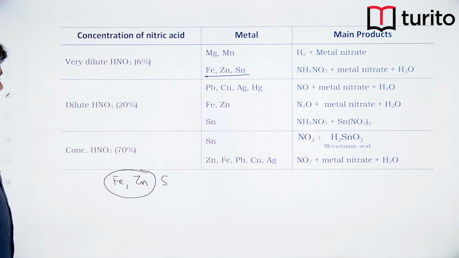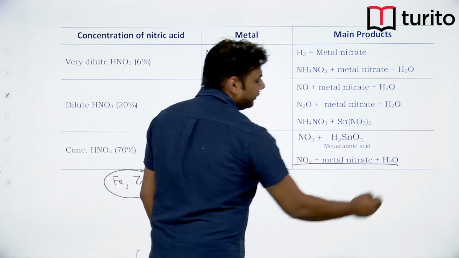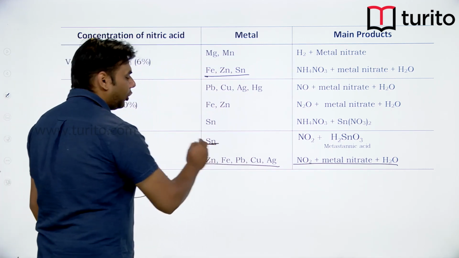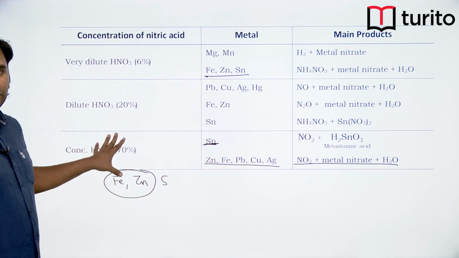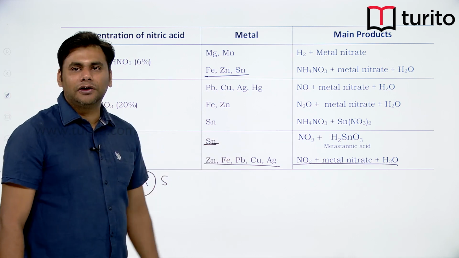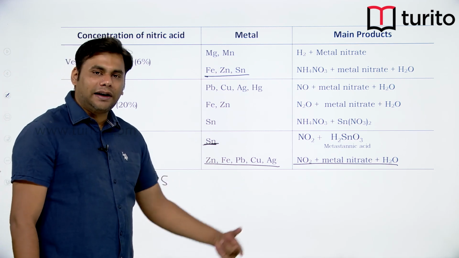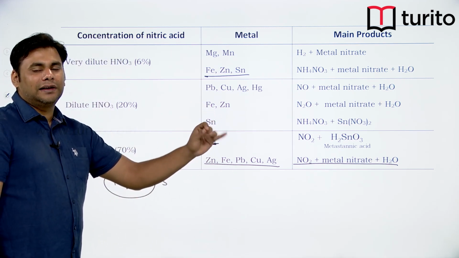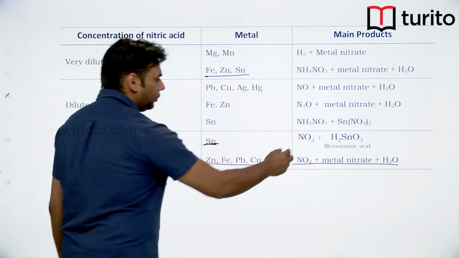This is memorized now. With conc, all the metals will give the metal oxide, metal nitrate and NO2. With tin there is a problem: it forms H2SnO3, that is stannic acid, but here again you are getting NO2 only.